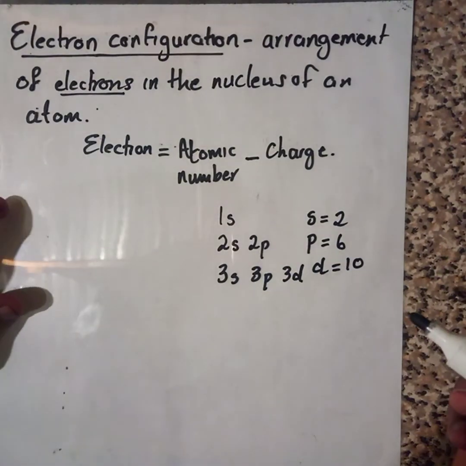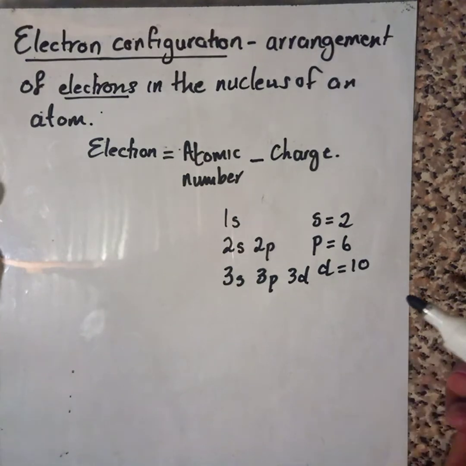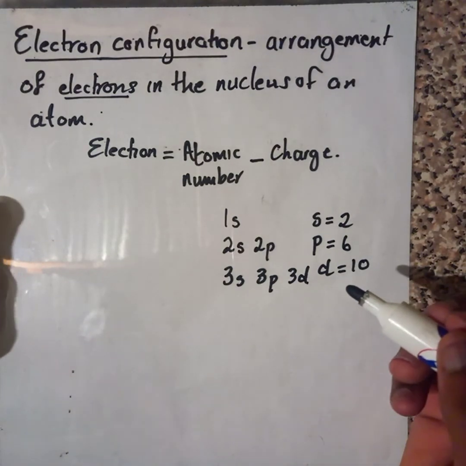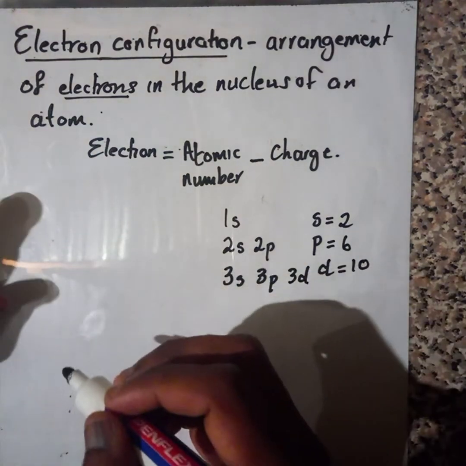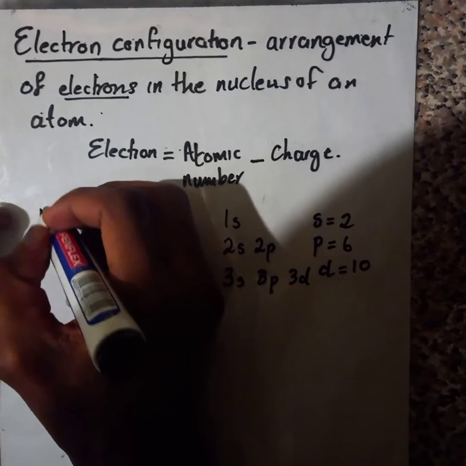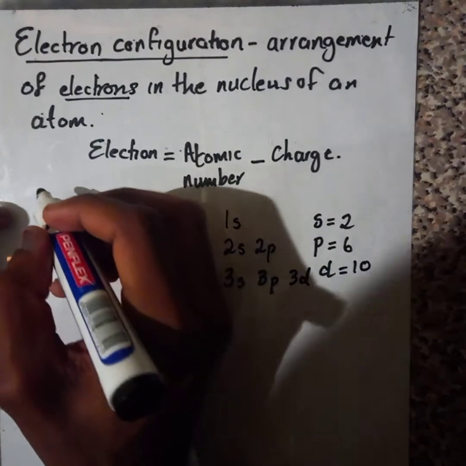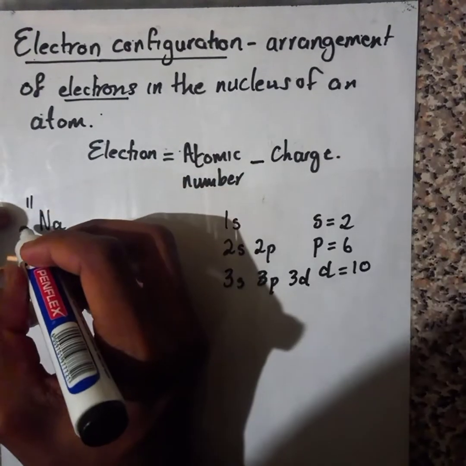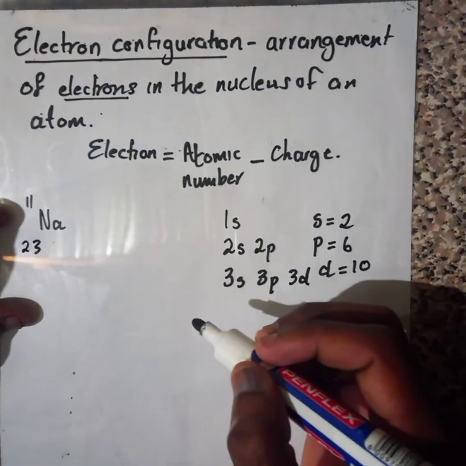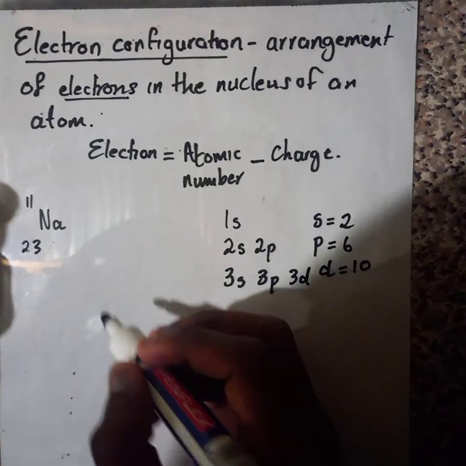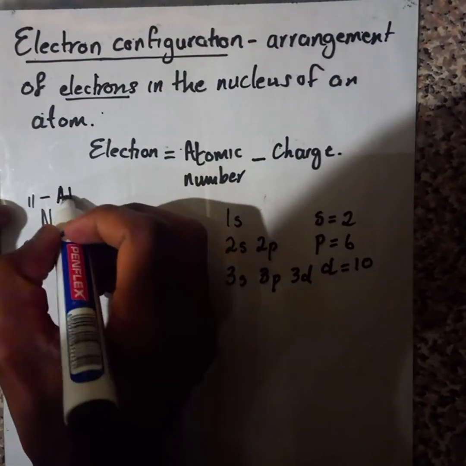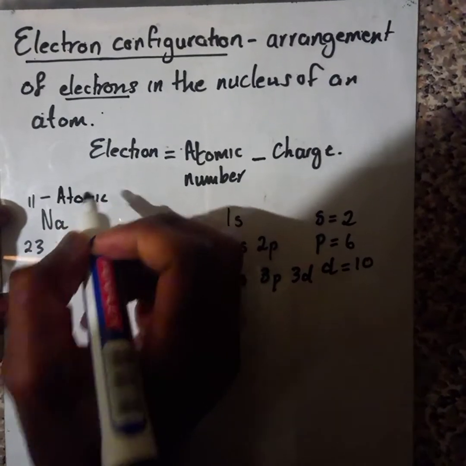Then at this point now, what I'm going to do is give you a neutral element, which is sodium, Na, with an atomic number of 11, together with 23 as its atomic mass.